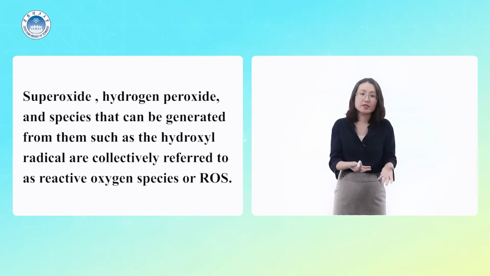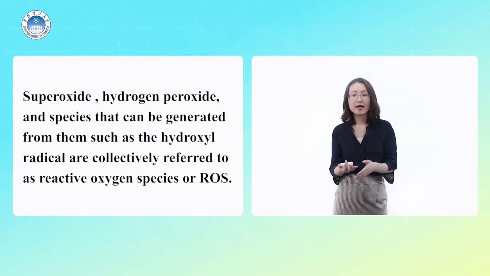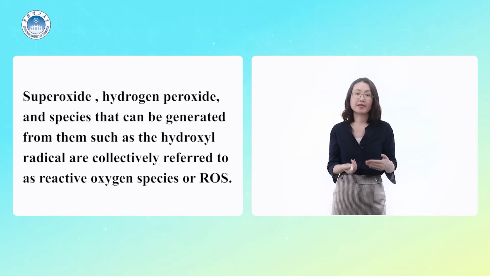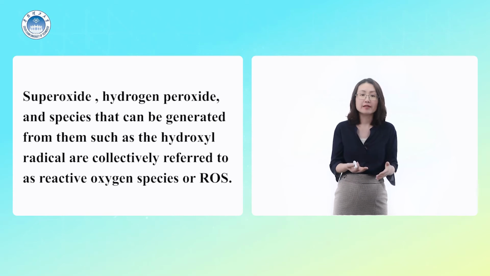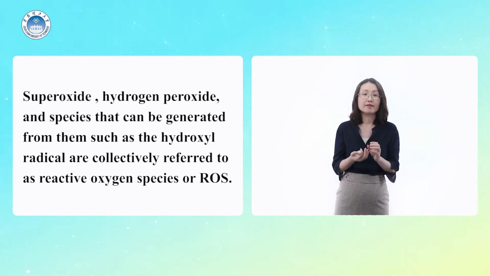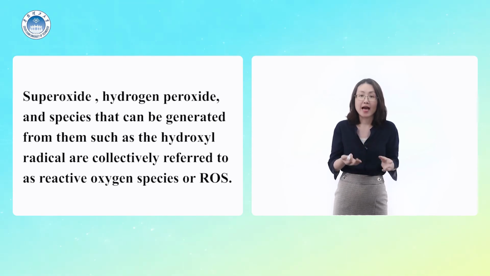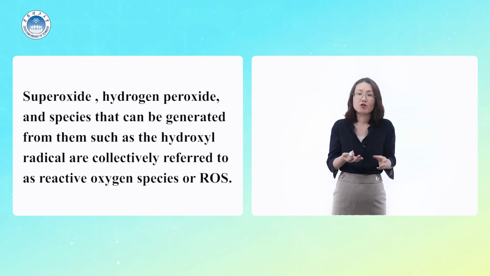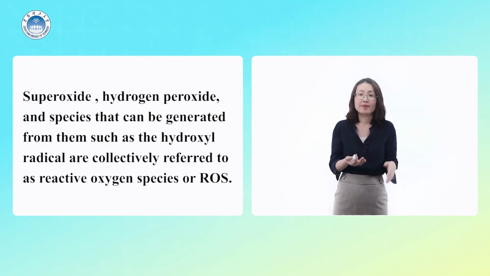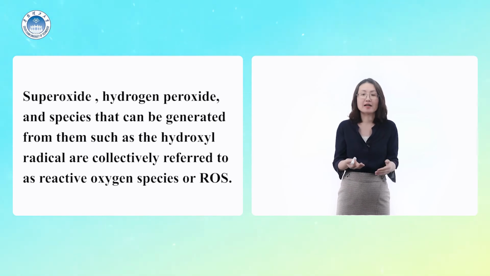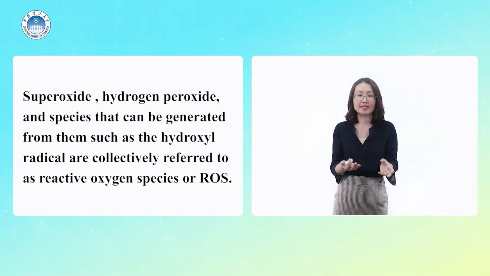Superoxide, hydrogen peroxide, and species that can be generated from them, such as the hydroxyl radical, are collectively referred to as reactive oxygen species, or ROS. Oxidative damage caused by ROS has been implicated in the aging process as well as in a growing list of diseases.